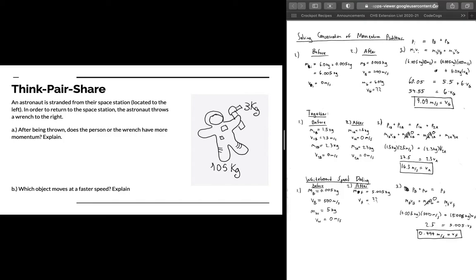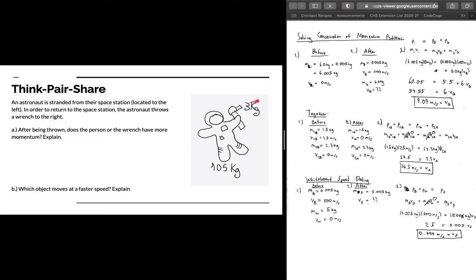All right, let's take a look at A here. If our person throws the wrench one way and our person, as a result, moves the other way, we want to know how the momentum of each object compares. This system, initially floating out in space, not moving, has an initial momentum of 0. Since that's our initial momentum, that momentum must remain the same. So we must have 0 momentum after the wrench is thrown.